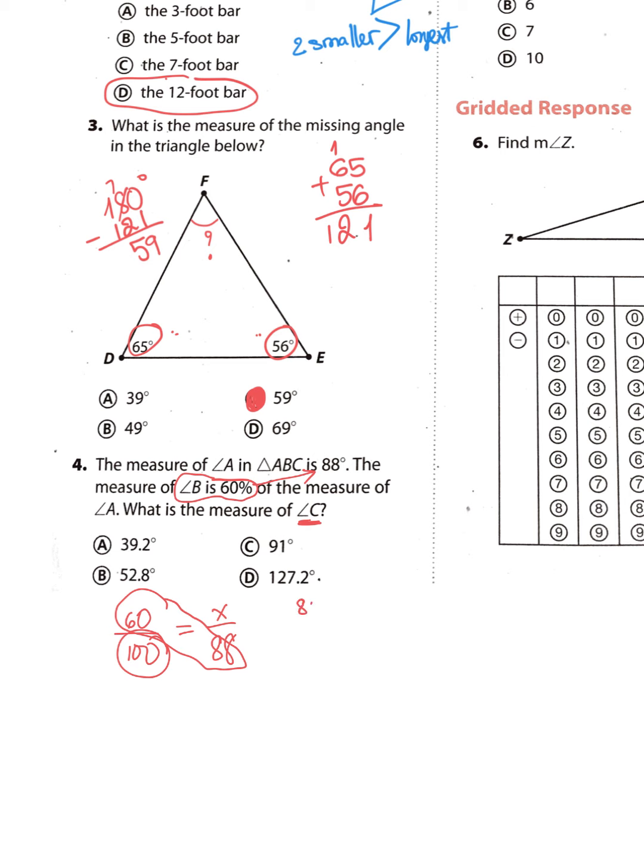So 88 times 60. 6 times 8 is 48. 6 times 8 is 48 plus 4 is 52. And I divide it by 100. So I will have 52.8 after I divide by 100. So I'll take 180 and take away 88 and also 52.80.